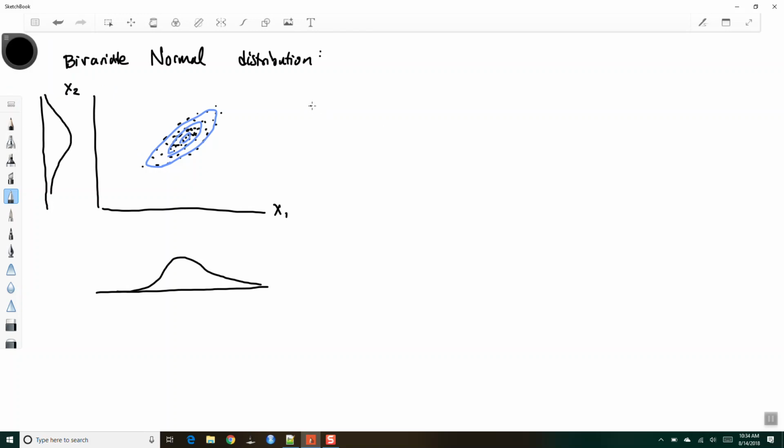Okay, so there is positive covariance between x1 and x2. What would it look like if there's no covariance between x1 and x2?